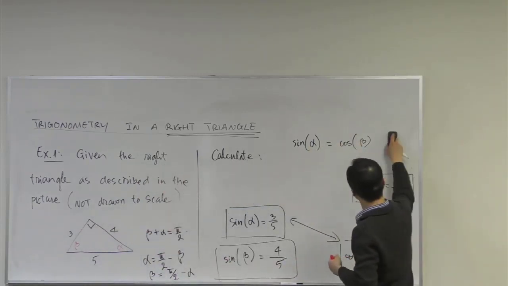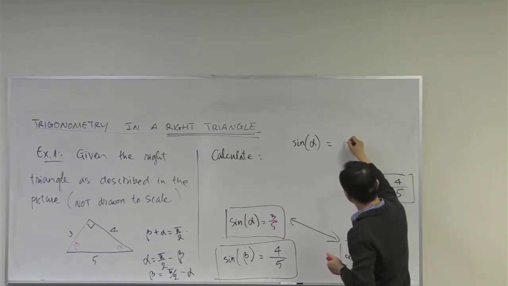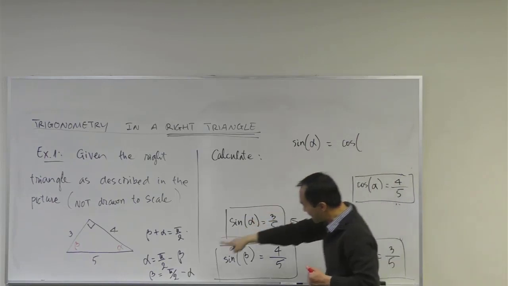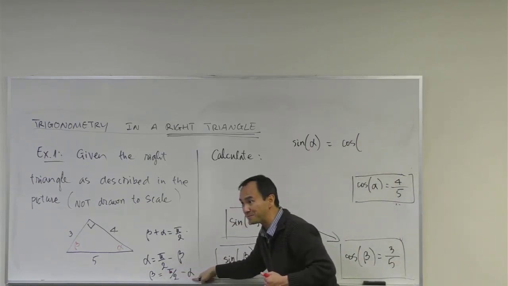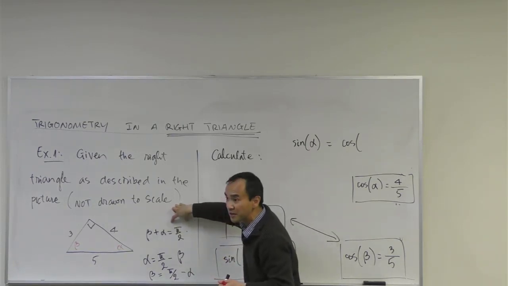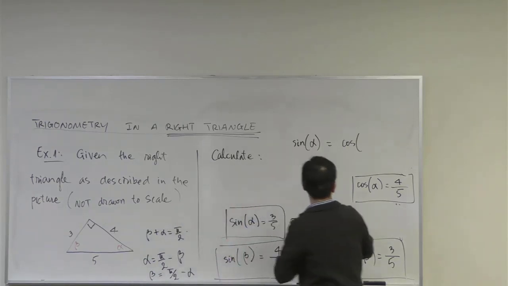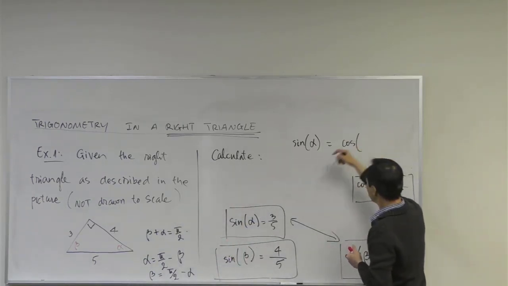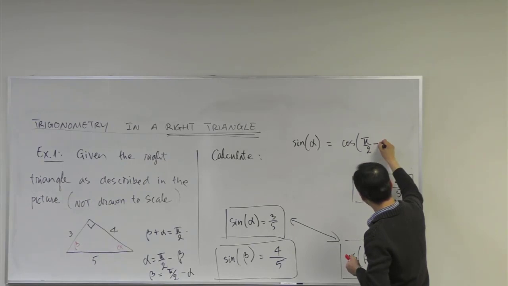But now keep in mind from our triangle, we derive the following. Cosine of beta, but beta can be pi/2 minus alpha, because beta and alpha must always be summed up to pi/2. So the way I'm seeing it, sine of any angle is the same as cosine of pi/2 minus that same angle alpha.